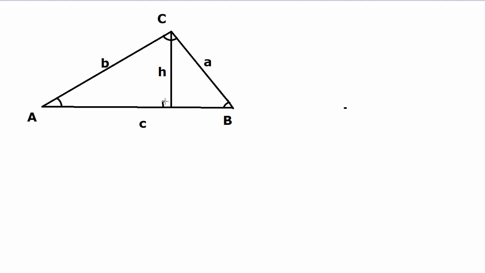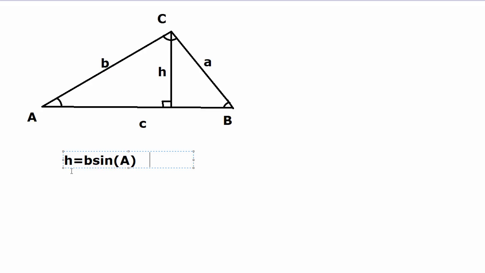So what we see now is we have two right angle triangles here. First, let's look at this right angle triangle. h is the side opposite to the angle A, and b is the hypotenuse. So what we get from that is that h is b sine A, right?